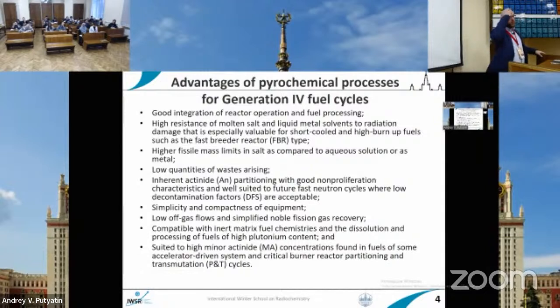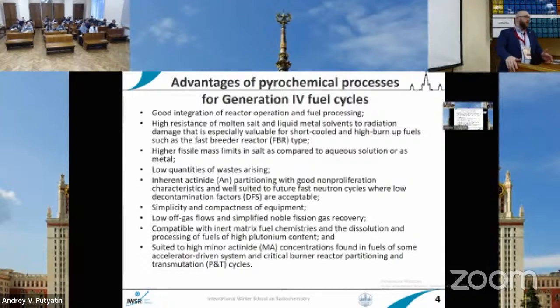You know that in water there are restrictions to use high concentration of plutonium, because the chain reaction can occur due to the moderation of neutrons by hydrogen atoms in water, and thus these thermal neutrons can result in the production of the chain reaction.